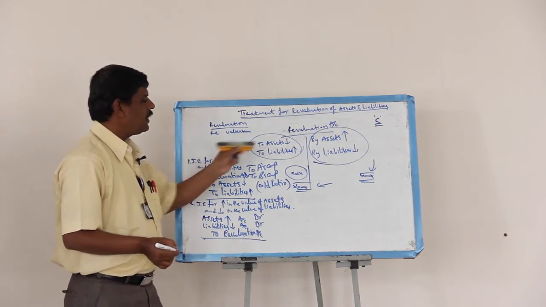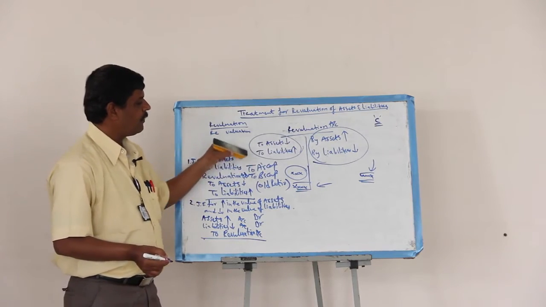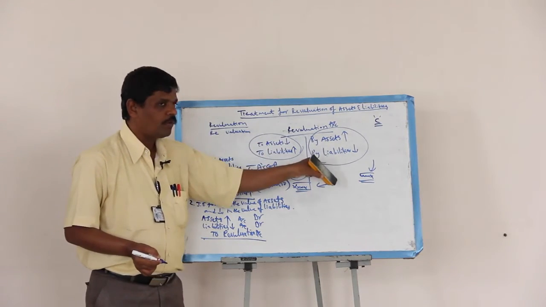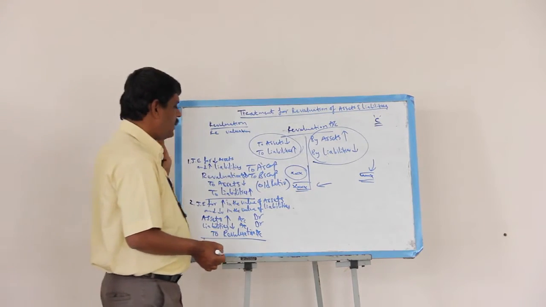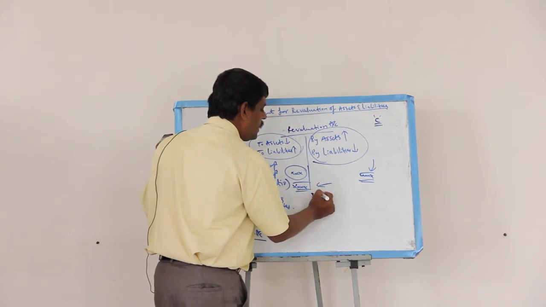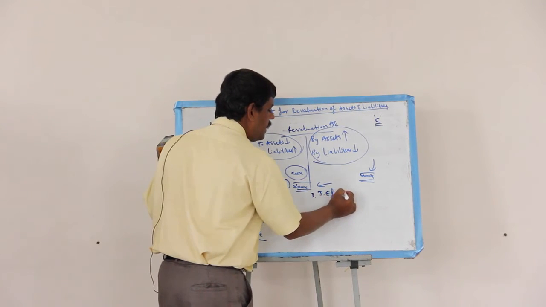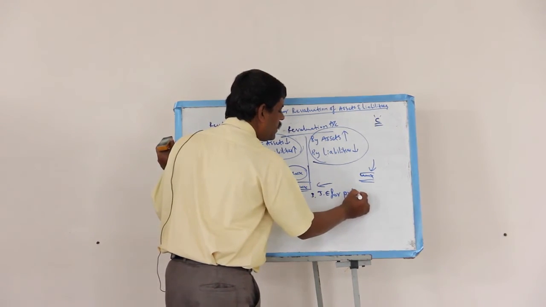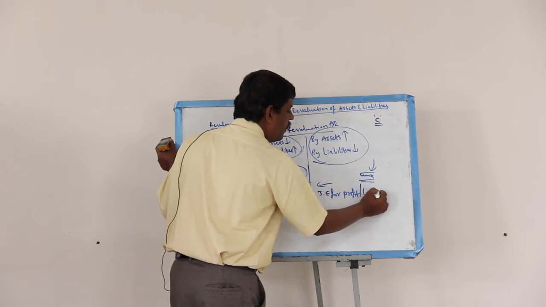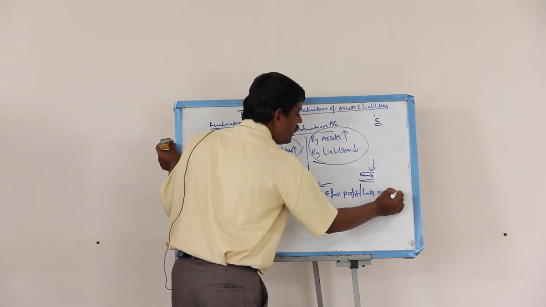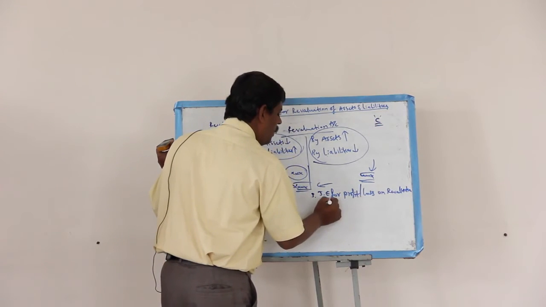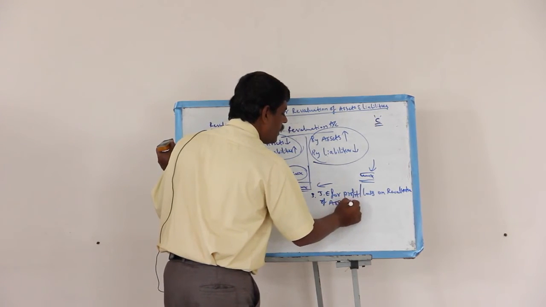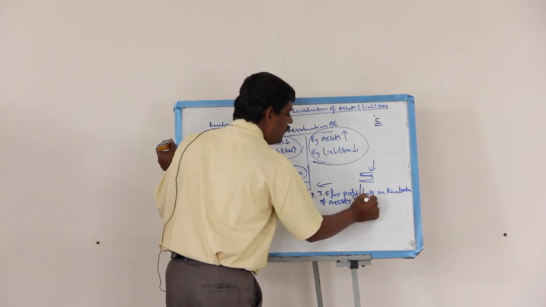After that, the difference. If your debit is more, you get a loss. If your credit is more, you get a profit. So you can write the third journal entry, for profit or loss on revaluation of assets and liabilities.